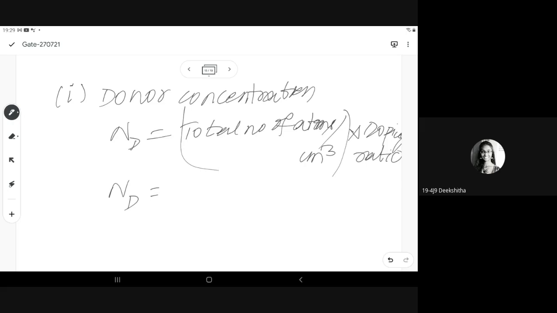What is the total number of atoms per centimeter cube they have given? 4.421 into 10 power 22. What is the doping ratio he has given? 1 by 10 power 7.